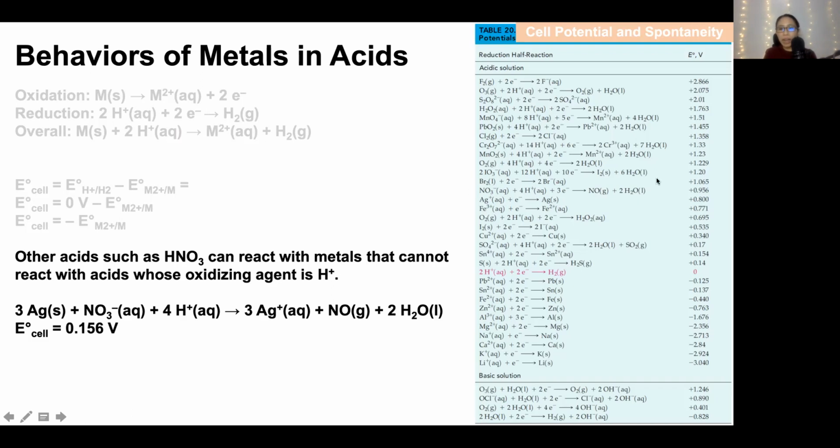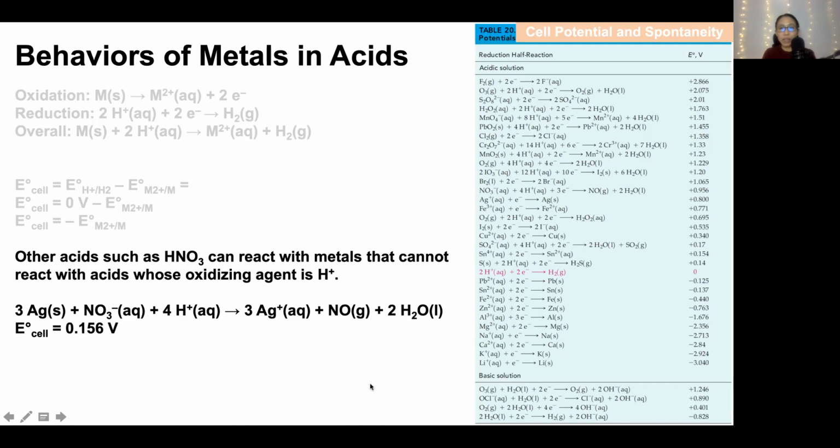So it has a more positive standard electrode potential, which means if we react solid silver with nitrate, like from nitric acid, then our standard cell potential will be 0.956 minus 0.800, which will give us positive 0.156 volt, a positive standard cell potential.